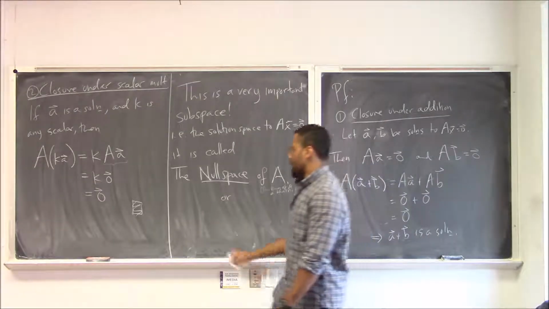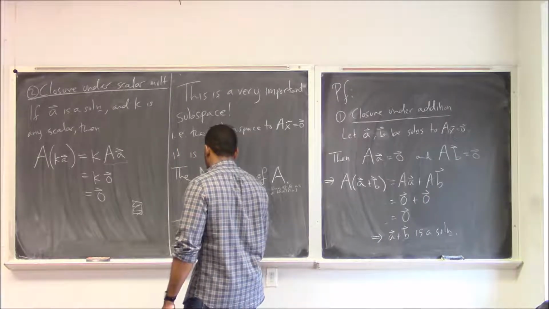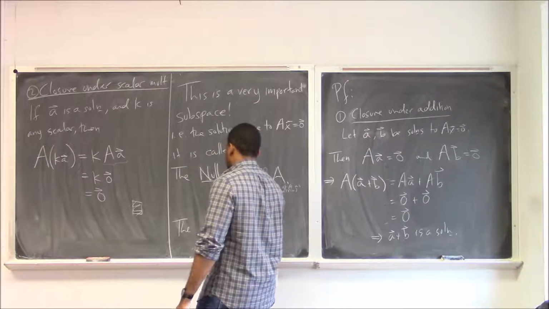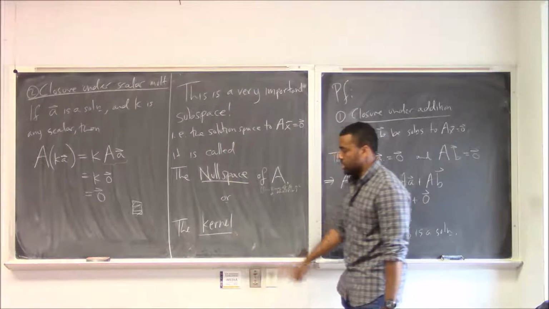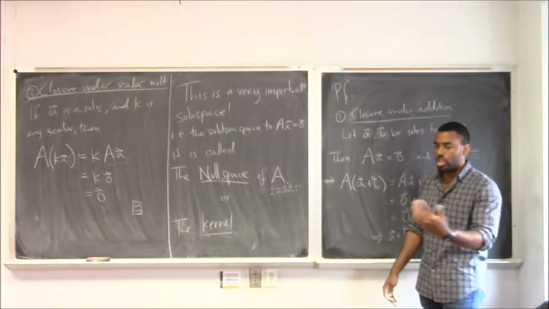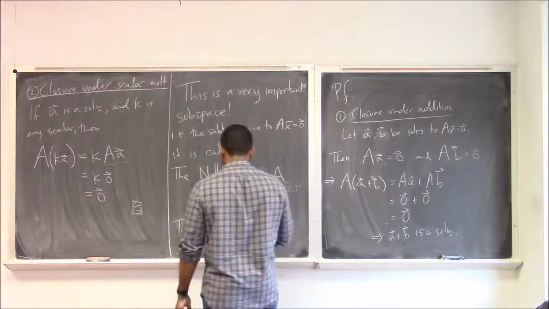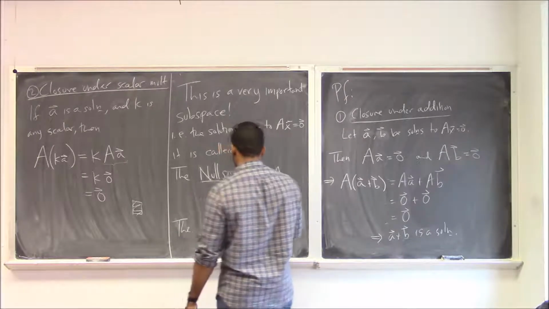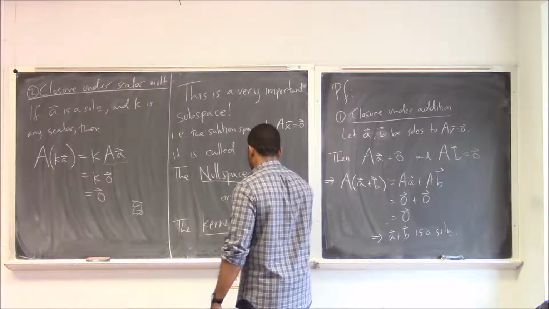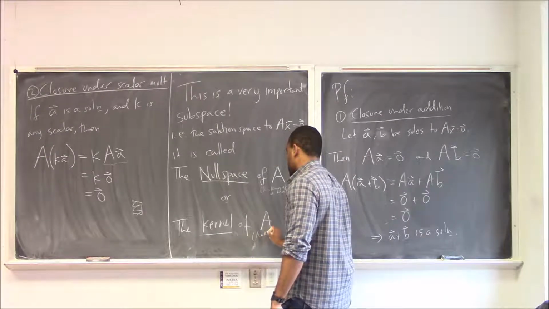If you're thinking of A as a function, then we call it the kernel. And this is a much broader definition because it will apply even in non-vector space cases. We can talk about the kernels of homomorphisms, and a lot of other things. So this is the kernel of A. This is if we're more thinking in terms of functions.